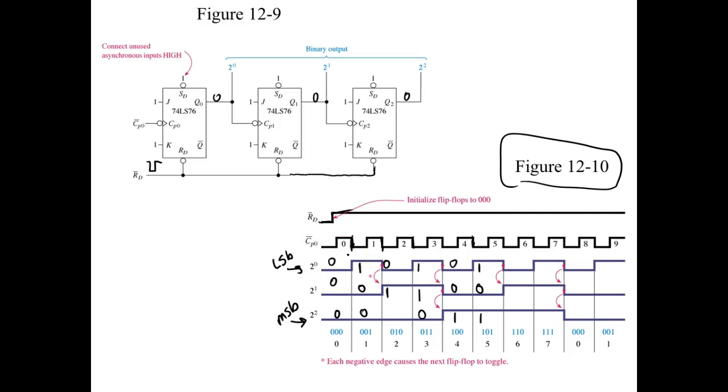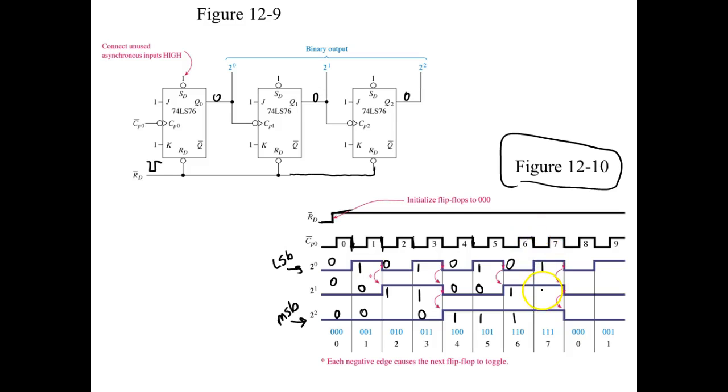You understand? The next one toggles depending on the Q output of its previous predecessor. So right here, this one goes to a 0. Well, if this one goes to a 0, this one's going to toggle because it saw a low going edge. This one hadn't seen a low going edge, so it would stay at a 1, so this gives us a count of 6. On the next low going edge, this guy right here is going to toggle.